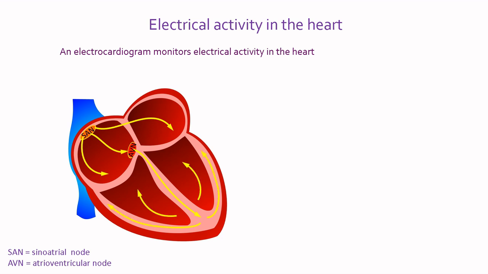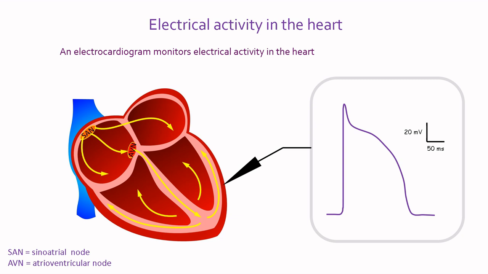ventricles. The signal reaches ventricular muscle cells as an action potential, which can be recorded by placing an electrode in the cell. Muscle action potentials look like this. Each action potential consists of a large and rapid depolarization of the cell membrane that lasts around 200 milliseconds before decaying back to baseline.